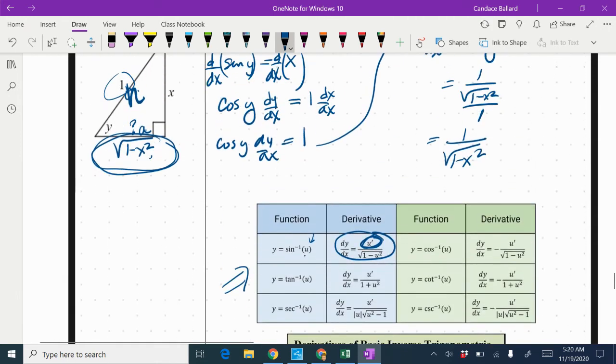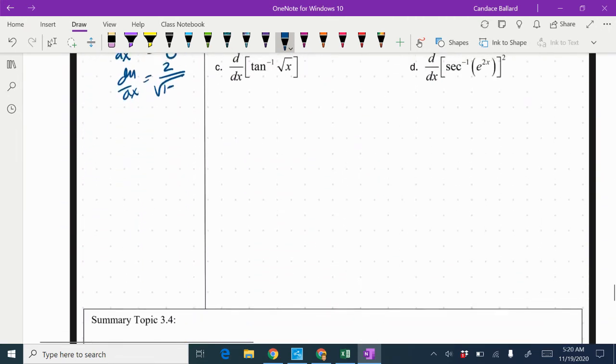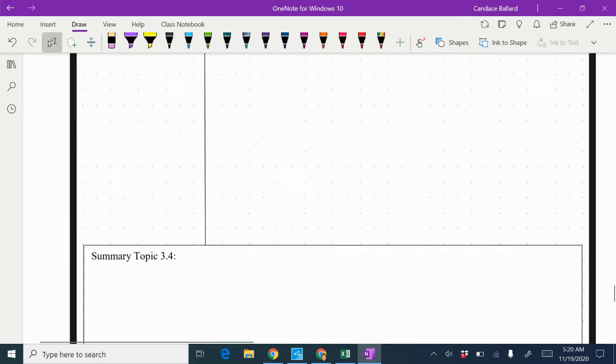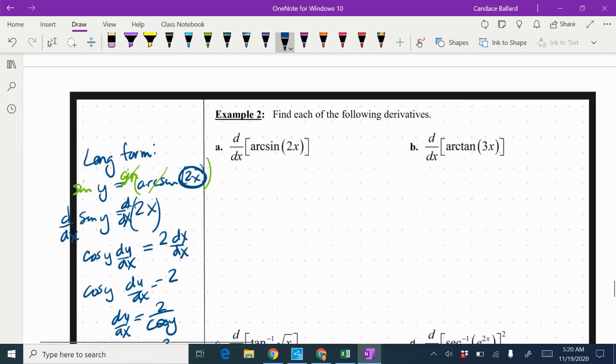It's 1 minus the x squared. But there is a slight catch on this. Because my x value was really what was in here, I have to actually square that. So I would write 4x squared. So that's the long way to do it.